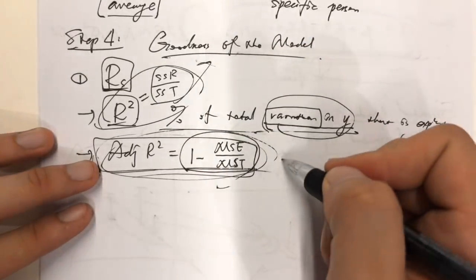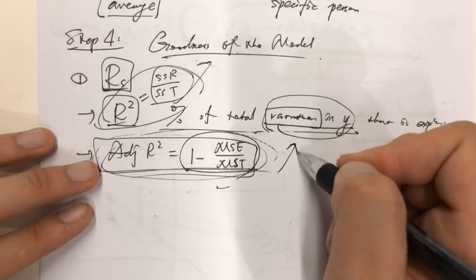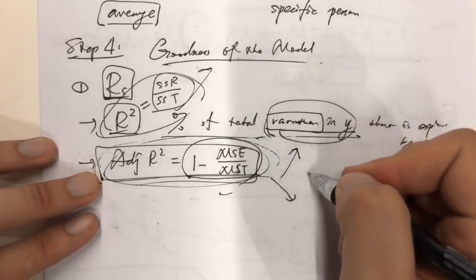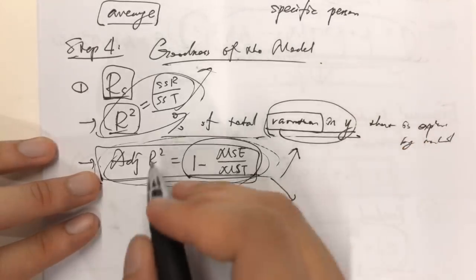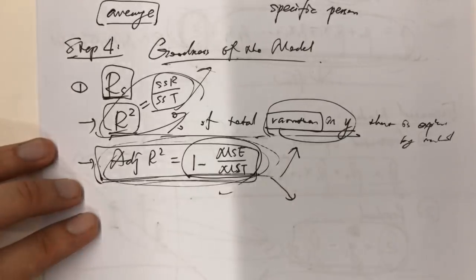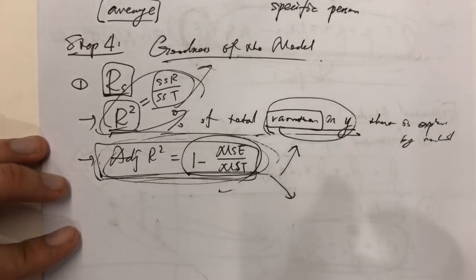However, for adjusted R square, when K increases, it can increase or decrease. It depends on whether the independent variable you've added is important or not, okay? So adjusted R square is better than R square in multiple linear regression analysis.